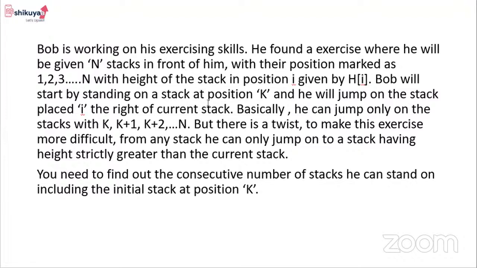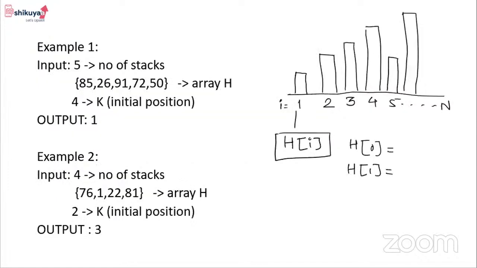Then Bob will start by standing on a stack at position k. Suppose Bob is standing over here. Consider that this is Bob, and where he starts is position k. Bob is jumping, so from this stack Bob can jump to stack number 4.